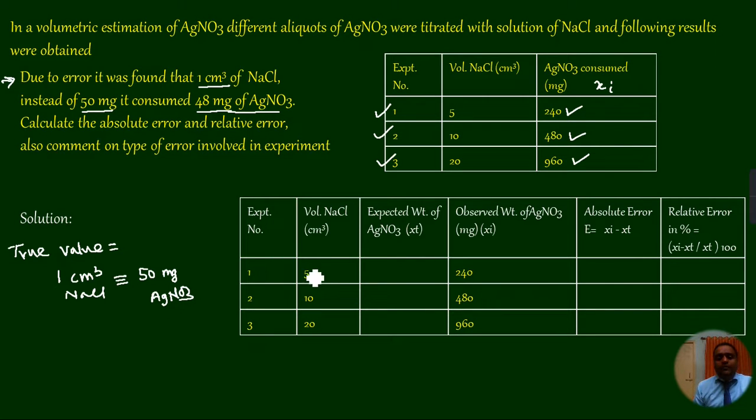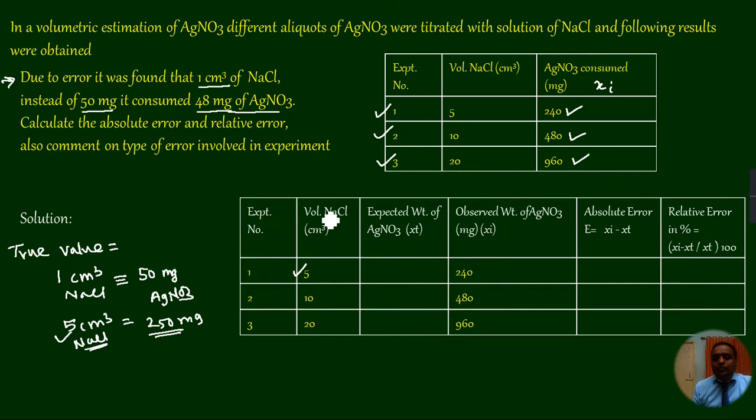So here we have 5 cm cube of NaCl. For 5 cm cube, it should be 250 milligrams. So 250 milligrams should react with the 5 ml of NaCl solution.